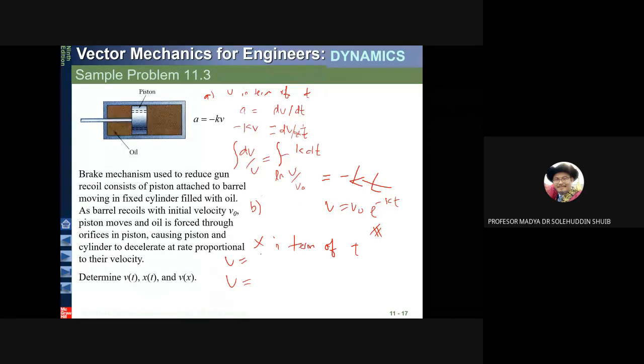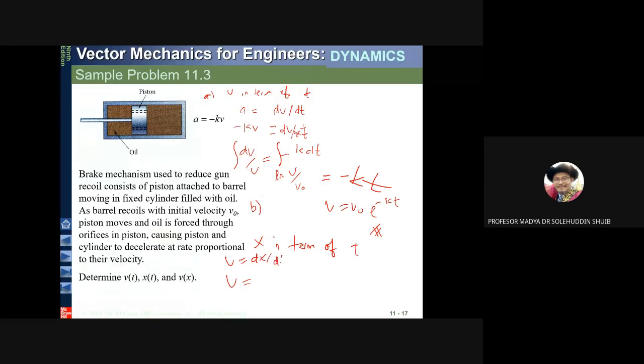So V equal to dx dt. Okay, this one better. So we have to take this one, which is V dot e to the power of minus Kt, and then we equate it to be dx dt.